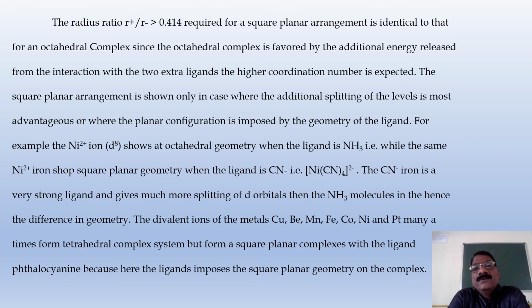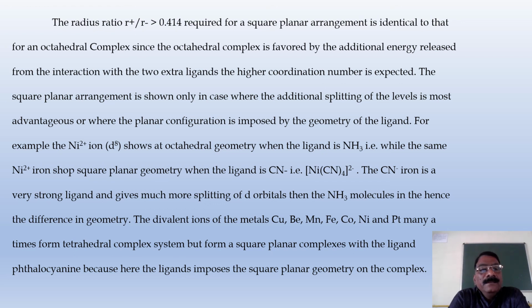Since the octahedral complex is favored by the additional energy release from the interaction of the two extra ligands, the higher coordination number is expected. The square planar arrangement is shown only in cases where the additional splitting of the level is most advantageous, or where the planar configuration is imposed by the geometry of the ligand.